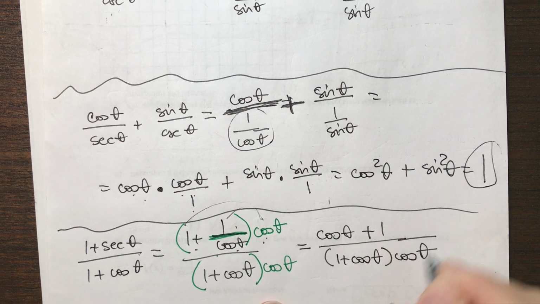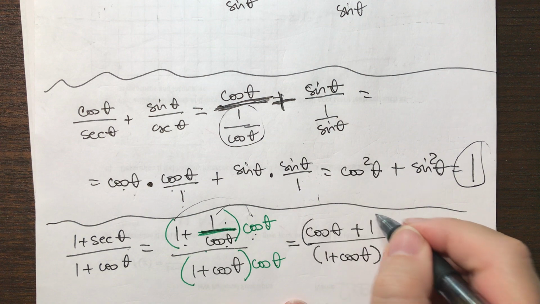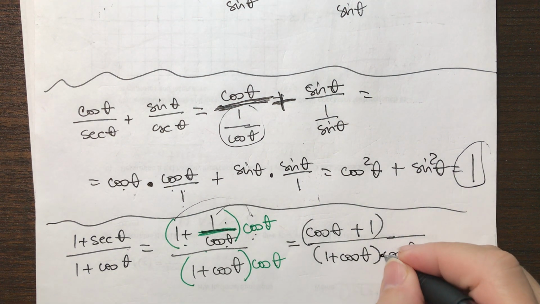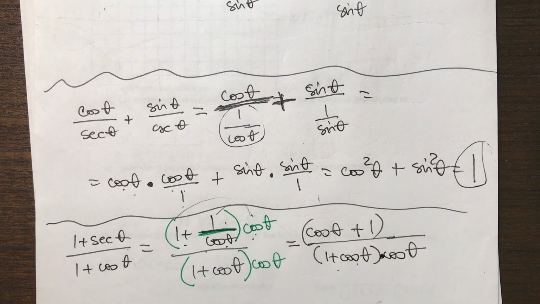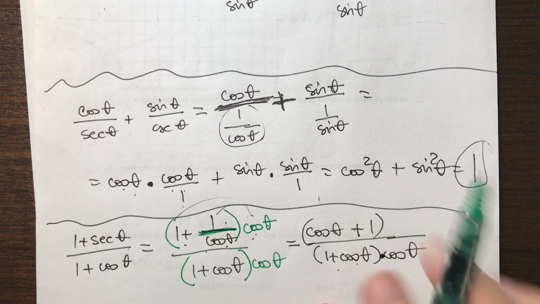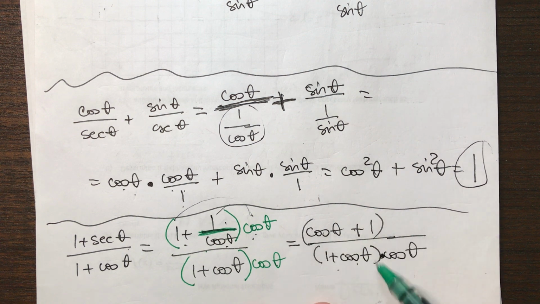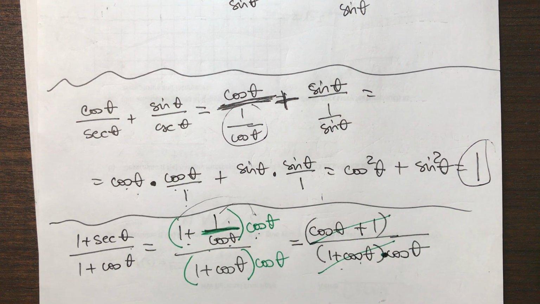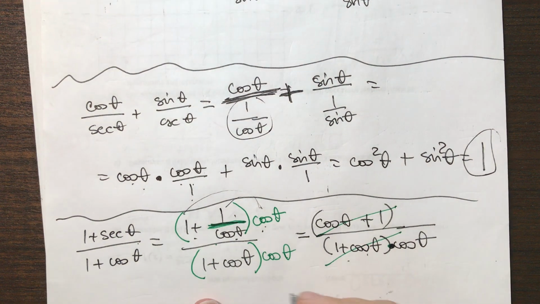Because what do you notice? This whole chunk in the numerator is the same thing as this whole chunk in the parentheses in the denominator. Addition is commutative, so 1 plus cosine theta is the same thing as cosine theta plus 1. So this whole factor gets to be reduced.